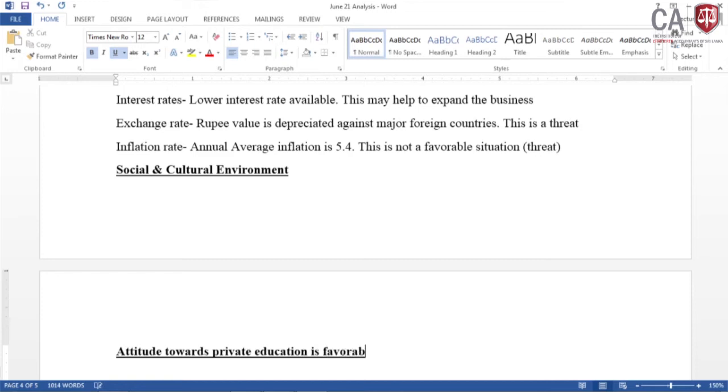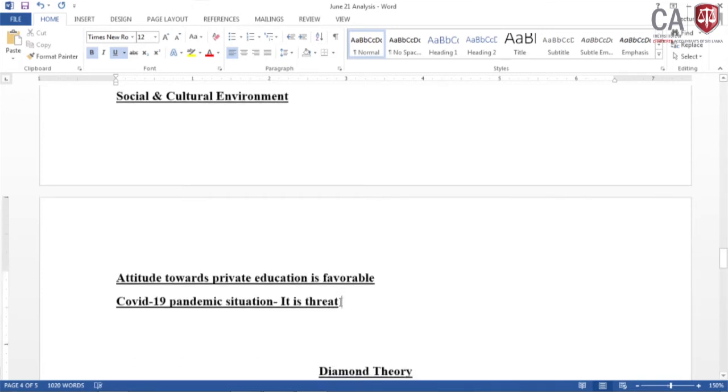People are looking at those things, favorable. What about the COVID-19 pandemic? Is it favorable? No, it is a threat for the whole world, for their survival.